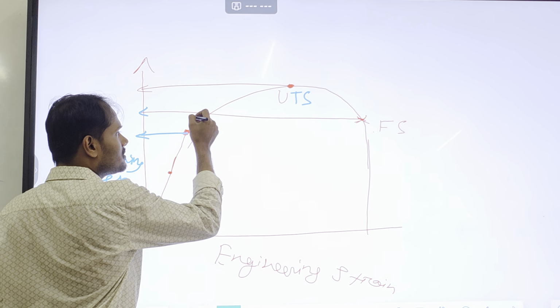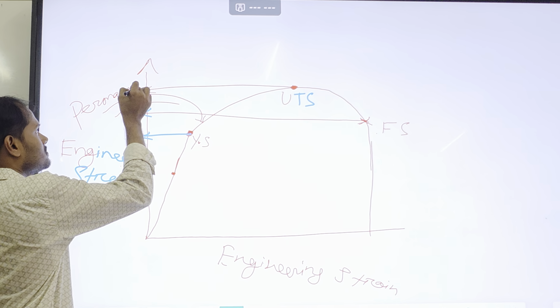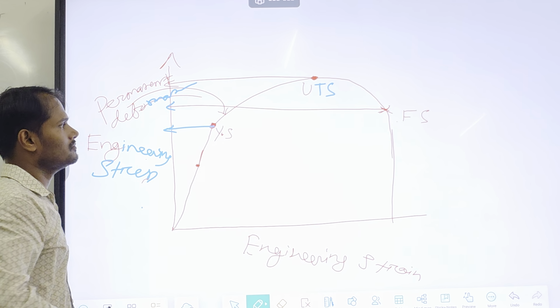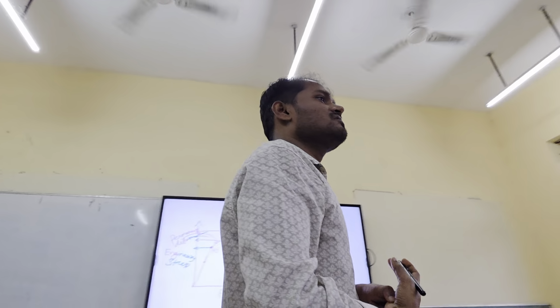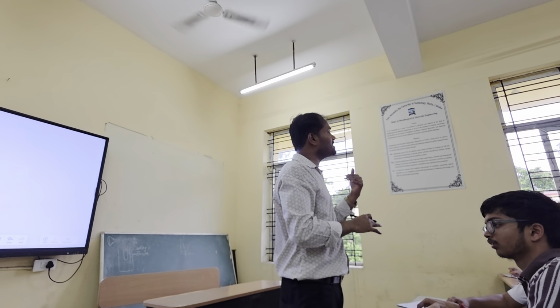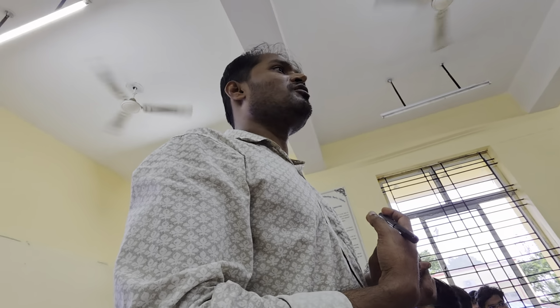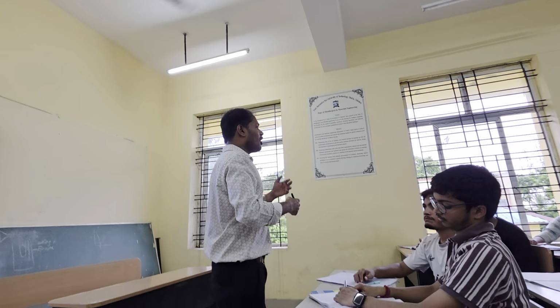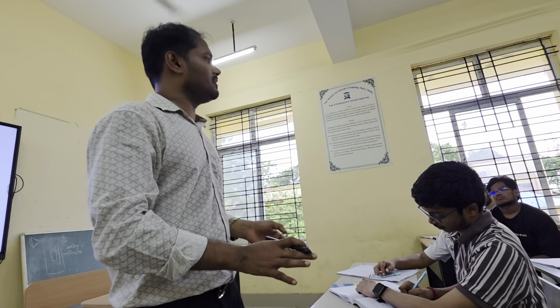So what is the definition of yield strength now? Strength means resistance to plastic deformation. Yield strength is that value of stress when plastic deformation starts, or where the onset of plastic deformation happens. Very simple words. Just remember the diagram and you can tell easily.